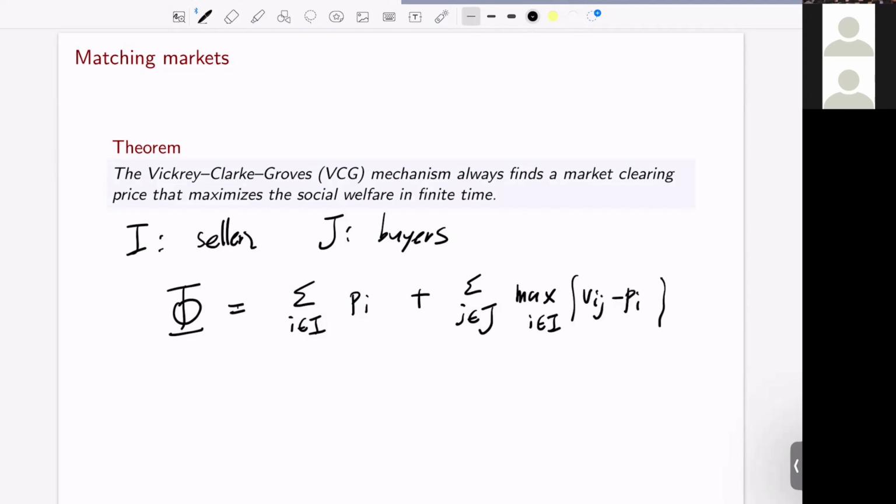This is the maximum utility for the buyers. Then the initial potential sum will be summation of J in J, max i in I, V_ij.